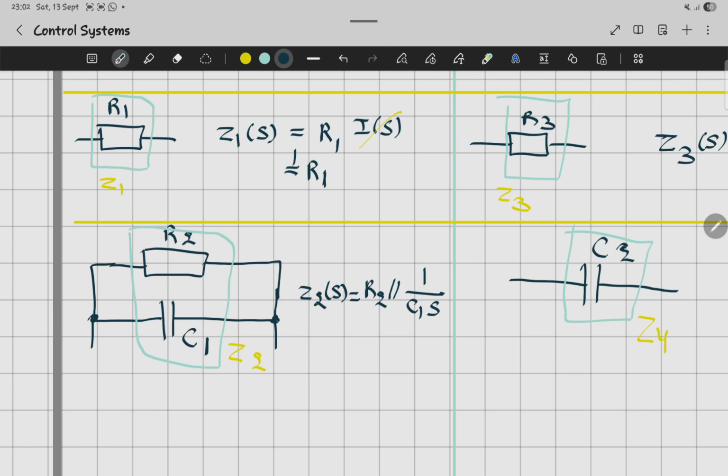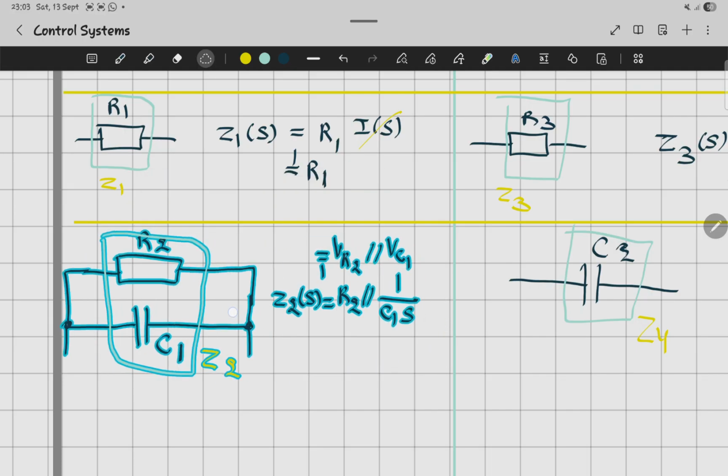Meaning it's going to be the voltage R2 in parallel with the voltage VC1. That's what you see here. Since we're not going to represent the current, if we have to show the current, it's so that we can cancel it out.